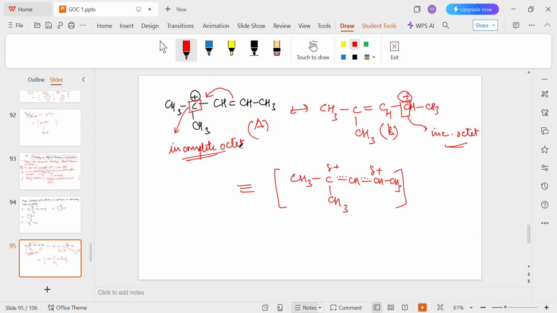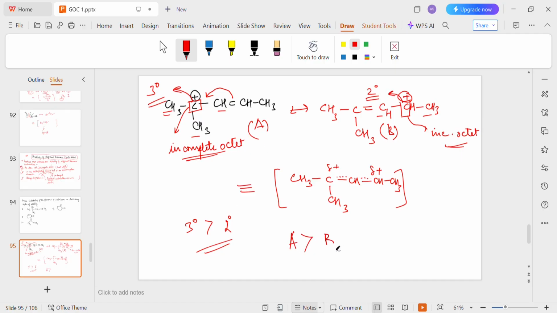But what type of carbon is this? It is linked to 3 carbon chains, 1st carbon, 2nd carbon, 3rd carbon on its sides. So it is a tertiary carbocation, and this carbocation is only linked to 2 carbon chains on its side. So it is a secondary carbocation. And you already know a tertiary carbocation is more stable than secondary. So which structure will be more stable? Structure A will be more stable than structure B.